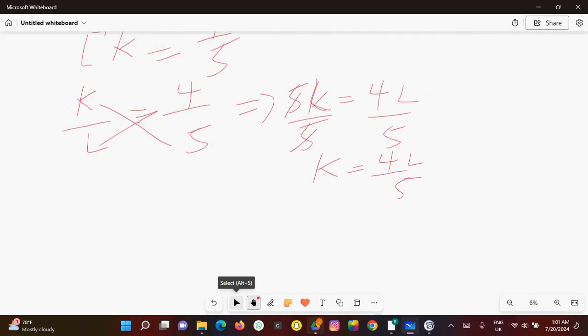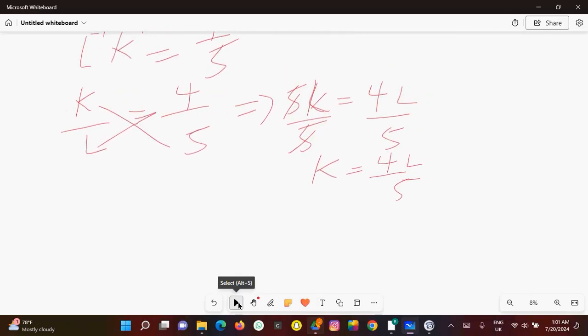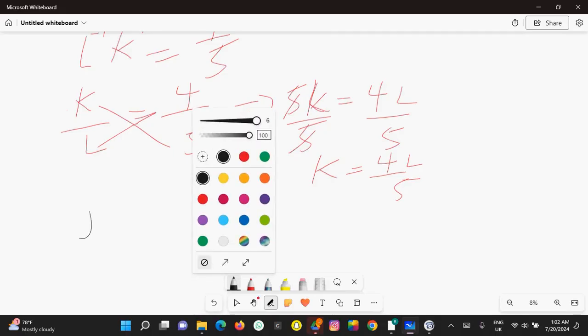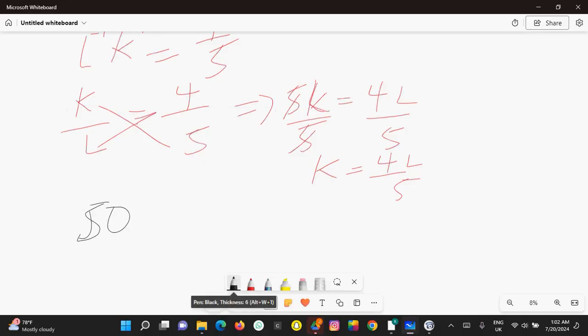So now you put K into the constraint function, right? Because that's what we are using. We are looking for what we can do to produce 50 units. So you are going to put K into that function, and that function is 50, right?